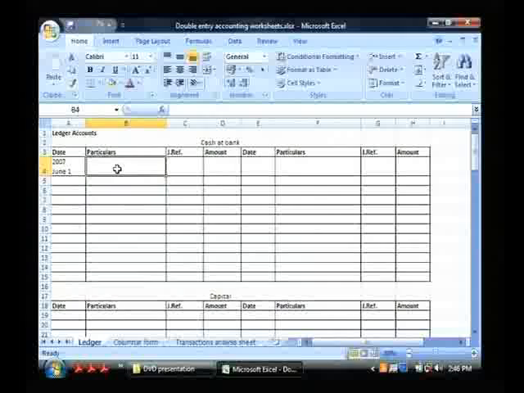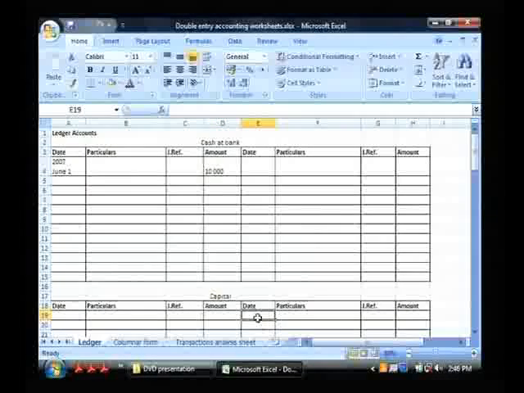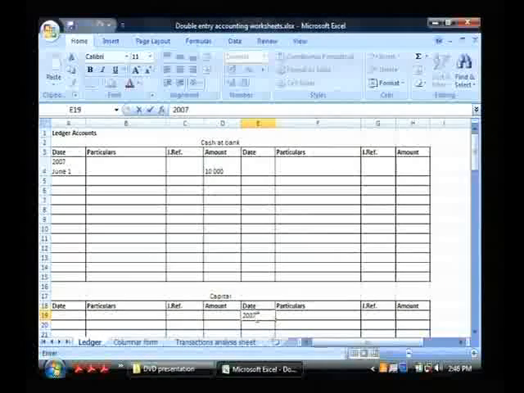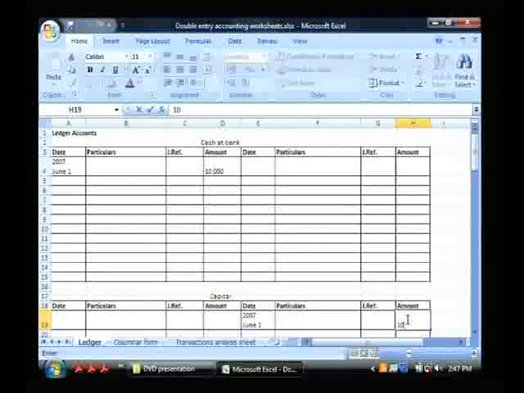Now the date column is completed, and now we have to make the entry. The amount involved is 10,000 debit, and again here 2007, June 1st, and the amount involved is 10,000.